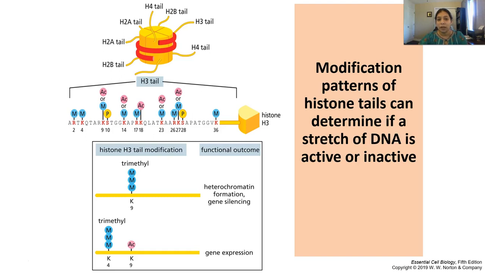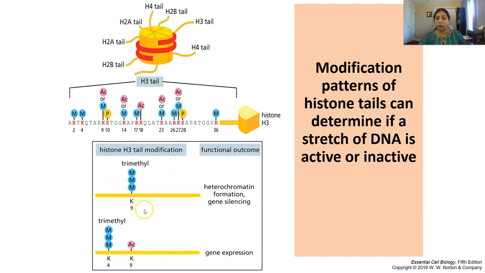So those combinations determine which areas are going to be more open and which areas are going to be more compacted. In histone H3, the other thing that can happen is that some of them are going to have multiple methylations, not just a single methylation. They can have a trimethyl complex on that particular amino acid.